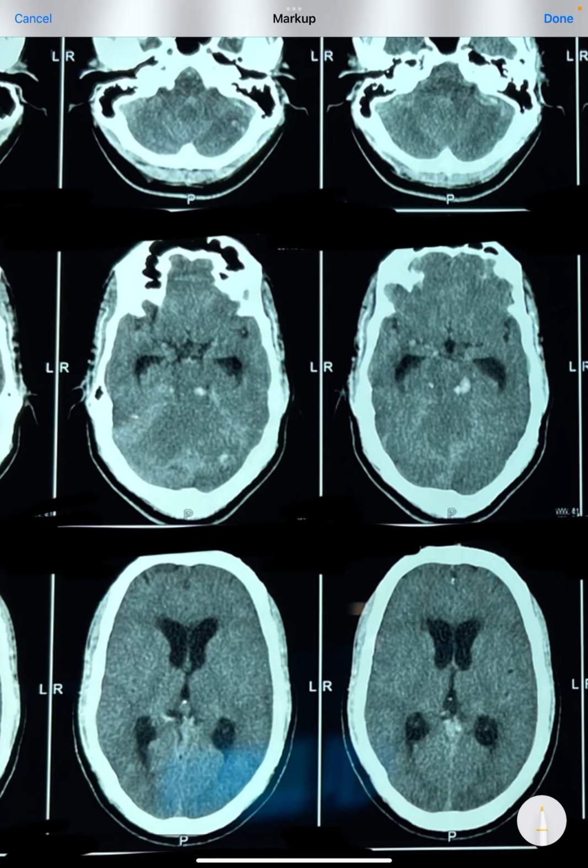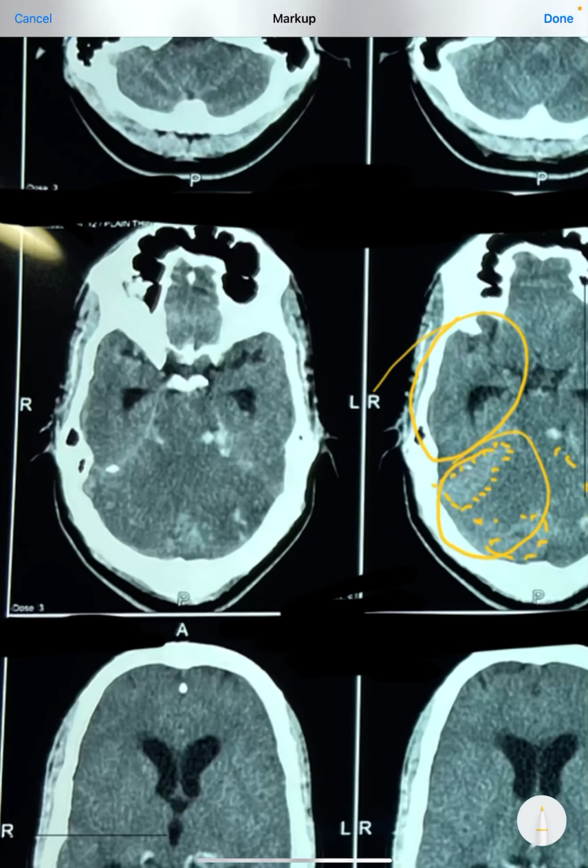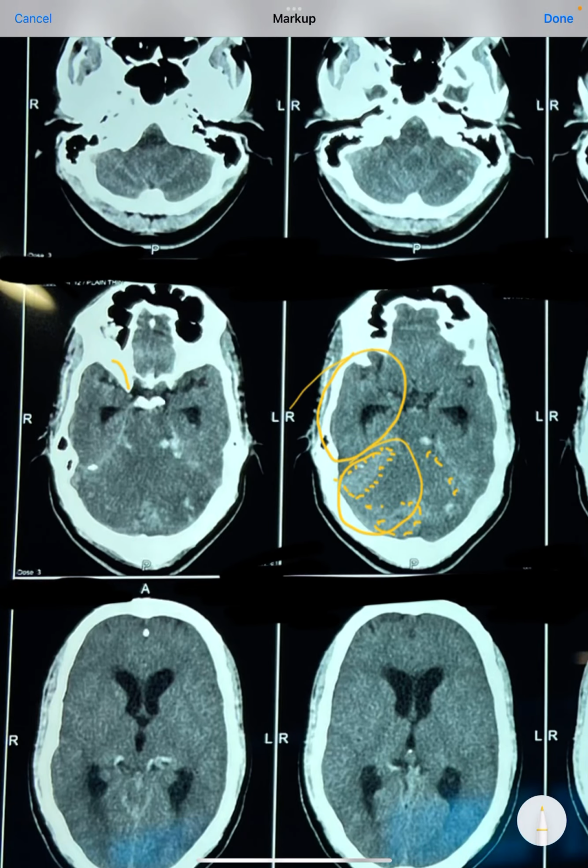Now we can see this in here. This is very clear, crystal clear. This dense white structure is all blood. Now we know this is the middle cranial fossa and this is the posterior cranial fossa, as we can clearly make out the difference between the two, that this is all bone.